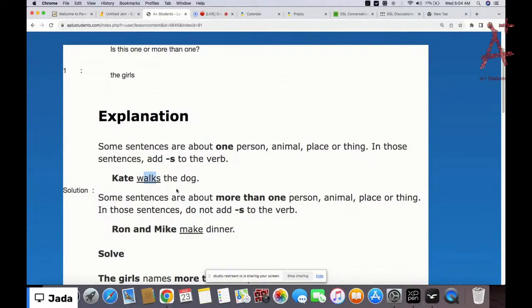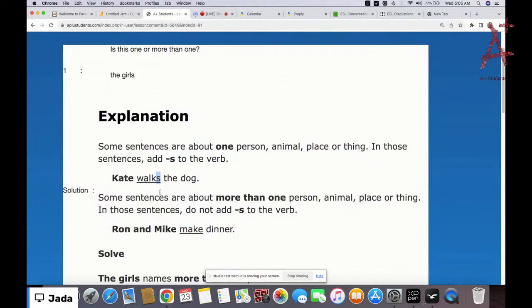It could be one person, a singular animal. If you want to make it a singular verb, you need to add an s. So when you have an s in the verb, it makes it singular and suitable for your answer. That's the best and most suitable answer that you can have.